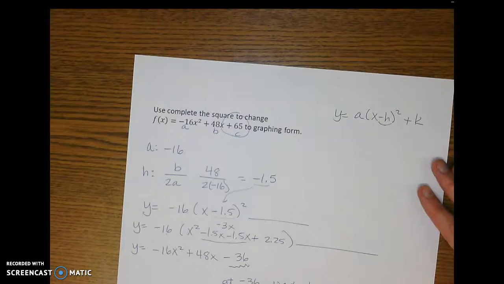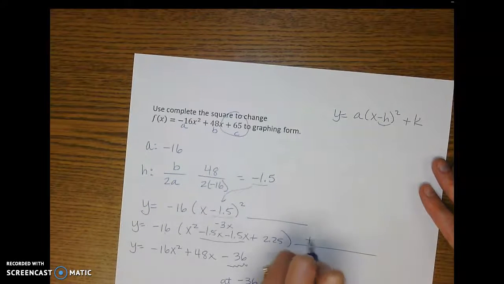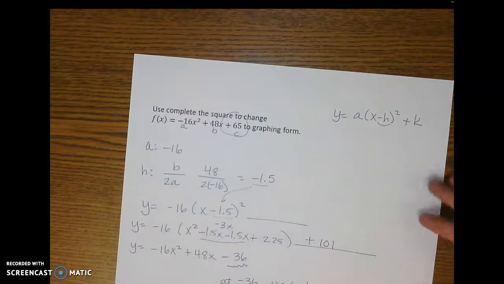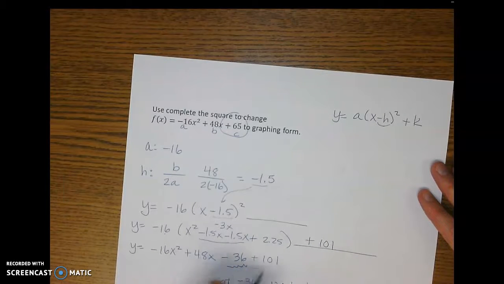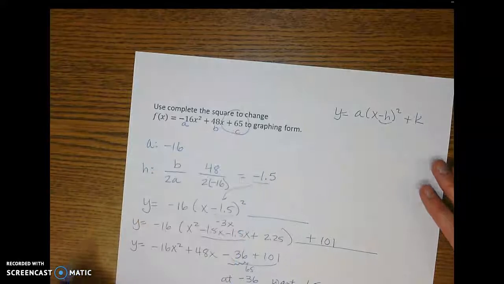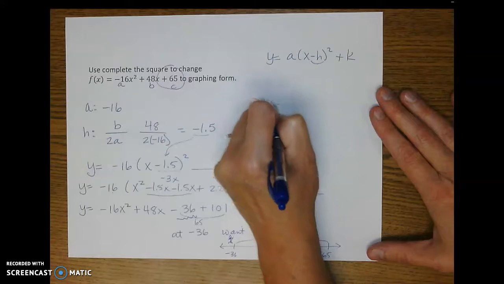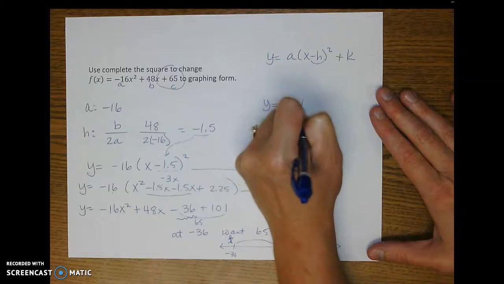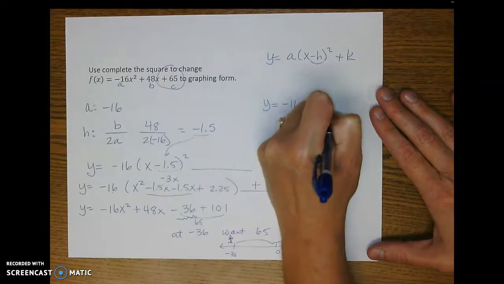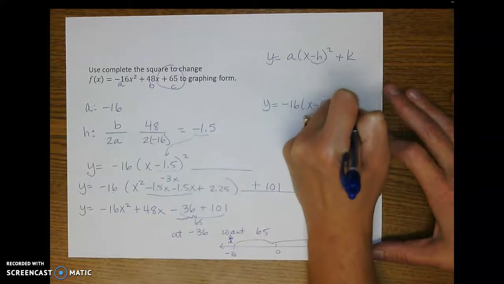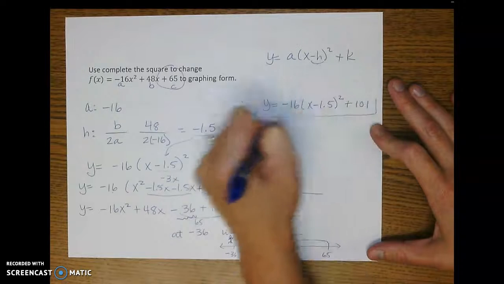So how far do I need to go? 101. So if I put those two together, I would get 65. And then that's my original. So my answer in this whole mess is y equals negative 16 times x minus 1.5 squared plus 101.